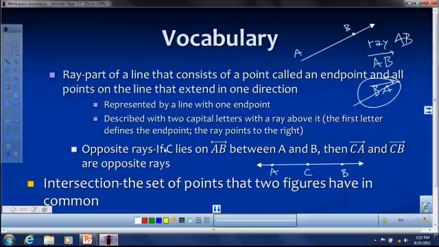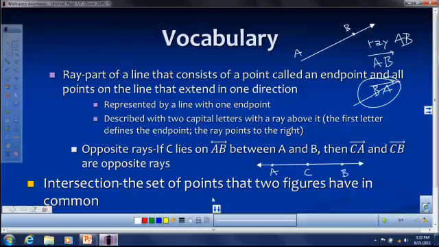So again, C lies between A and B. We can say that CA starts at C and goes this way, CB starts at C and goes this way, they form opposite rays. So basically, we have 2 rays that form a line here. Okay?